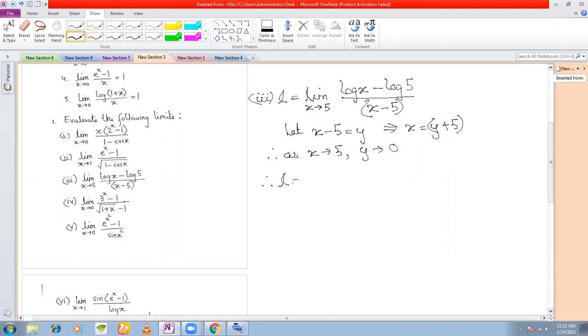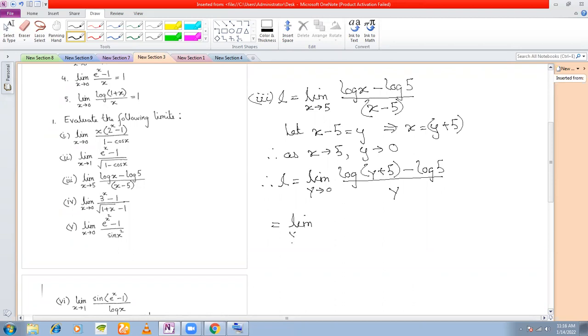Therefore, now if you change everything in terms of y, it will become limit y tends to 0 of log y plus 5 minus log 5 divided by y, right?